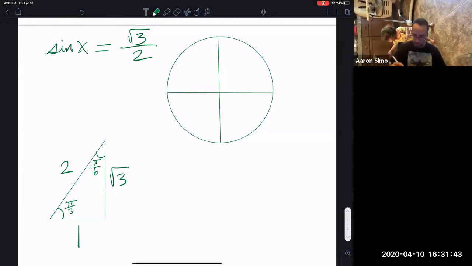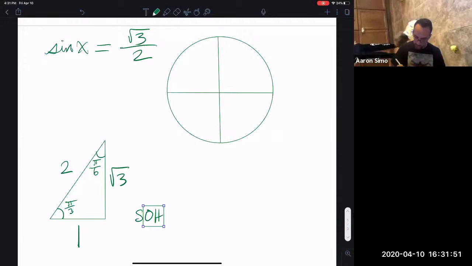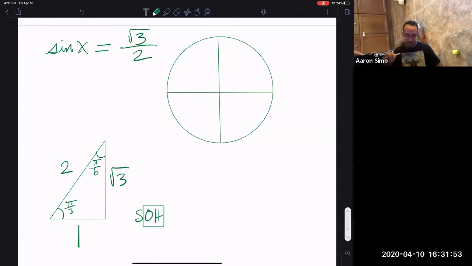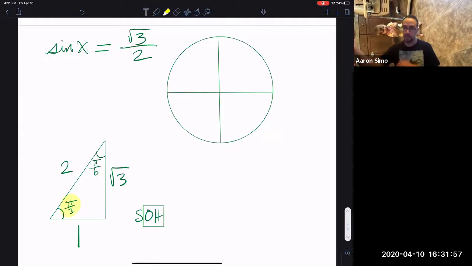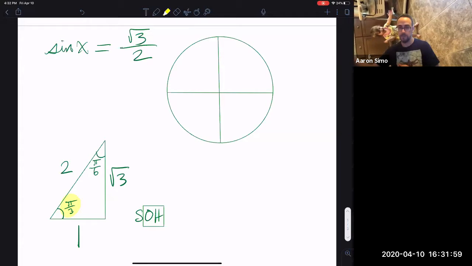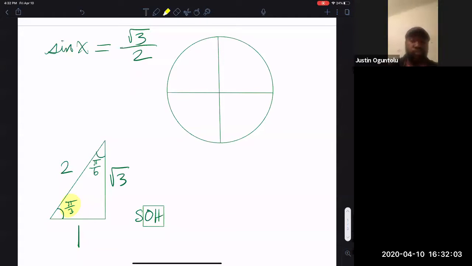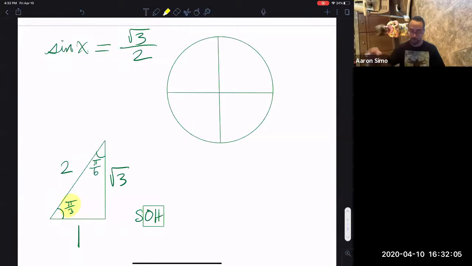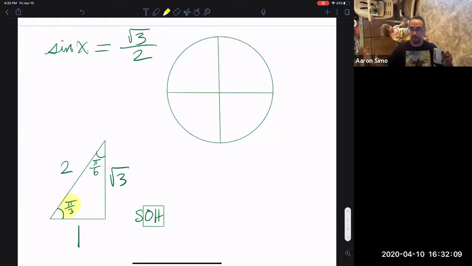Sine is opposite over hypotenuse, right? So then where is the opposite? The opposite is root 3 on pi over 3. So a triangle can help you figure out anything.